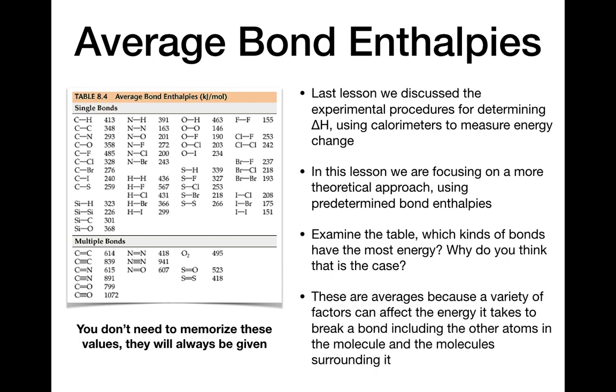Now the reason why these are averages is not because they did like 500 trials and took the average. They're getting the same value. The problem is that the bonds actually have different amounts of energy based on the situation they're in. For example, a molecule of methane, CH4, a greenhouse gas, one carbon, four hydrogens, all bonded to the same carbon.